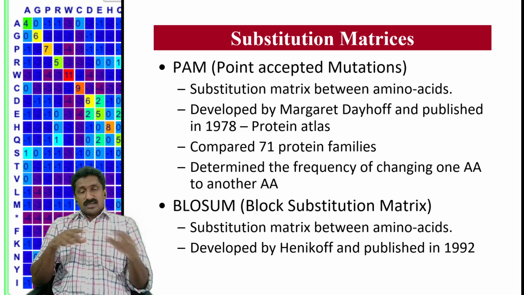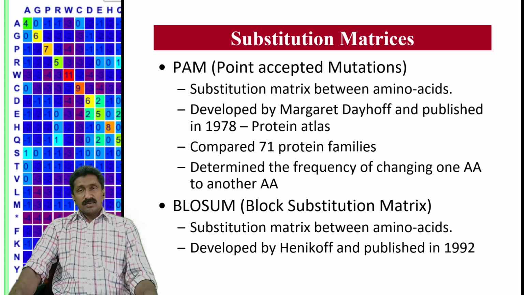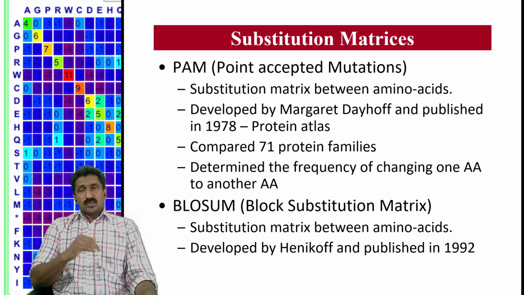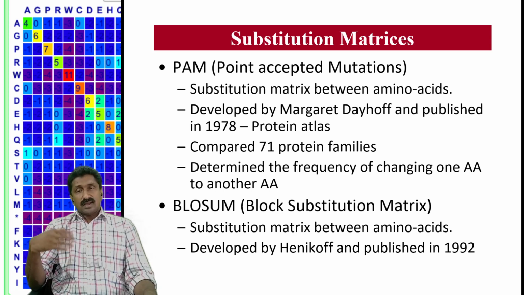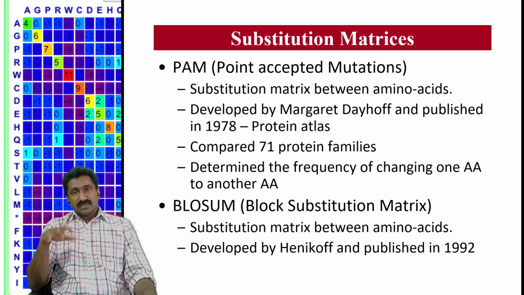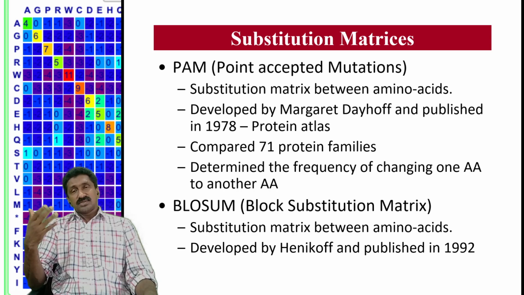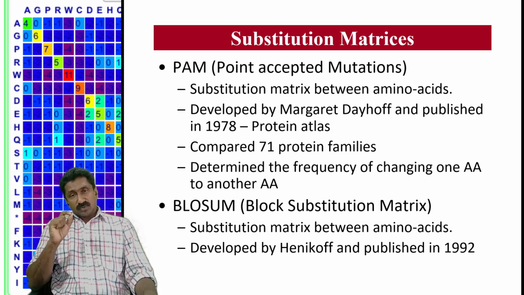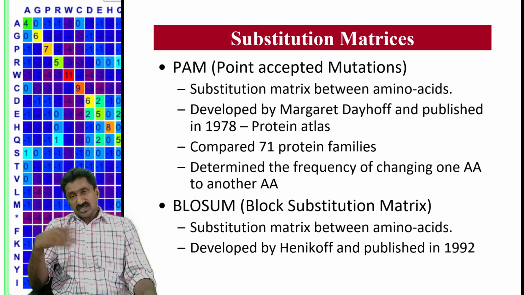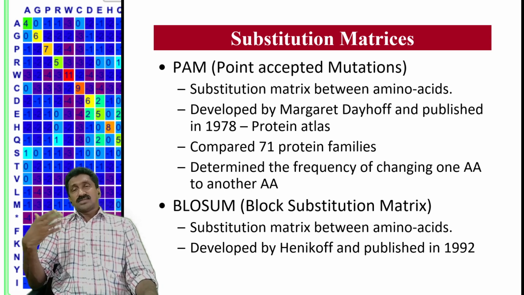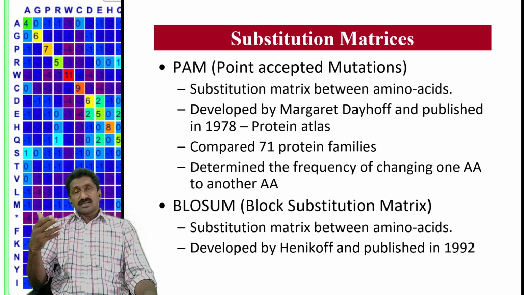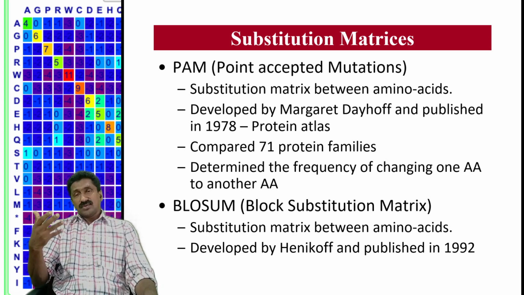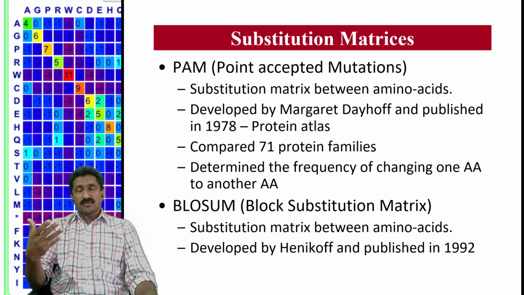So if the probability of changing a particular amino acid to another one is higher, then it doesn't have that much evolutionary significance. But if the probability of a change of one particular amino acid to another is much less, and still you can see such amino acids were changing, then that means they represent a very long evolutionary distance, because it will take maybe a longer period of time for that mutation to occur.